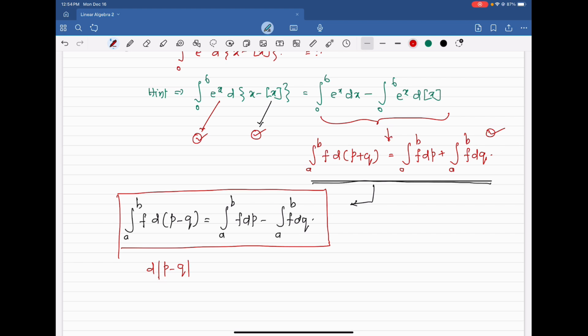Then in that case, what do you do? Then you have to split this differentiation operator, or dx, or d of absolute p minus q, into two step functions.